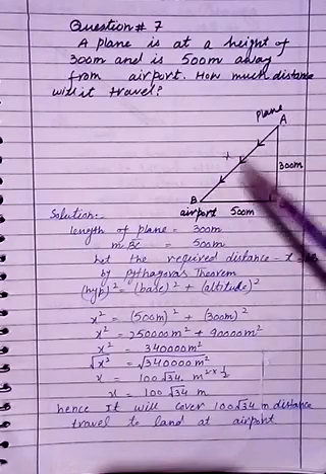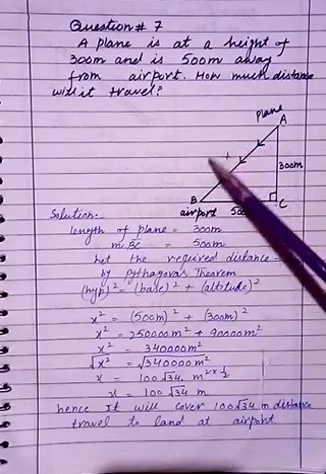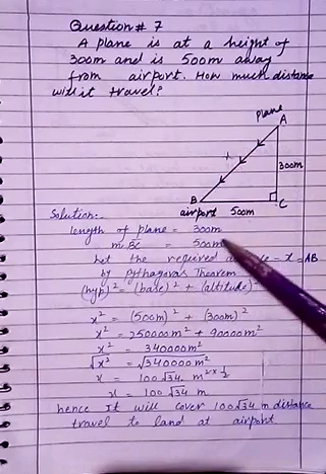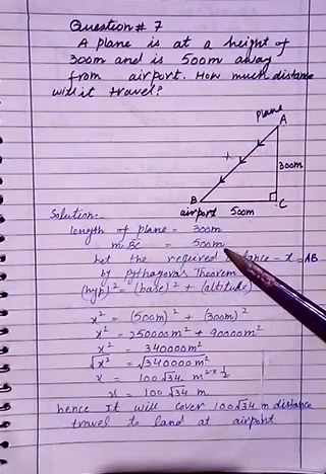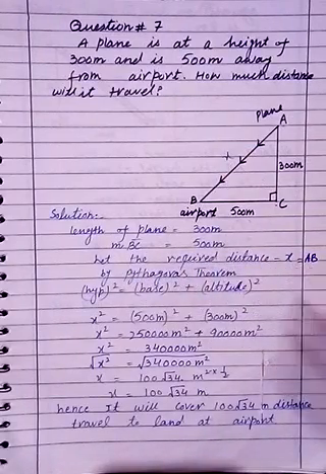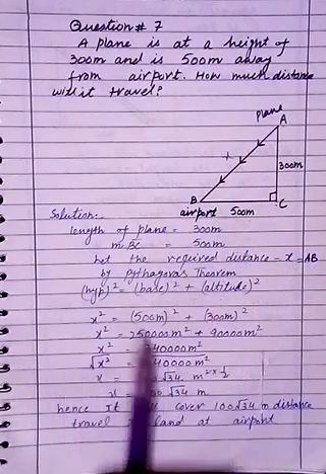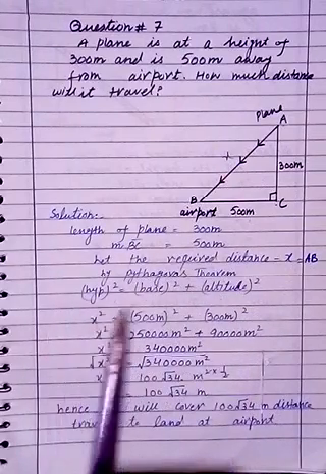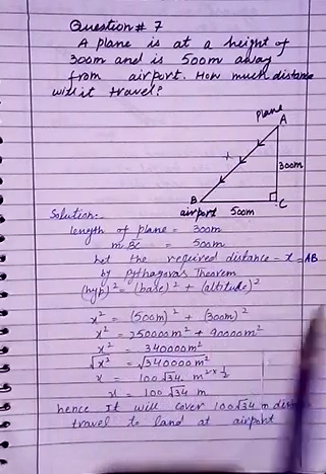So let this distance or hypotenuse equal x. So the height of the plane is 300 meter, BC equals 500 meter. BC means the base. Let the required distance x equal AB. So by using the Pythagoras theorem, hypotenuse whole square equals base whole square plus altitude whole square.